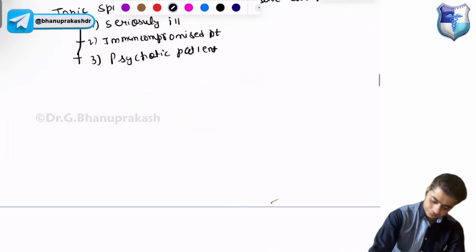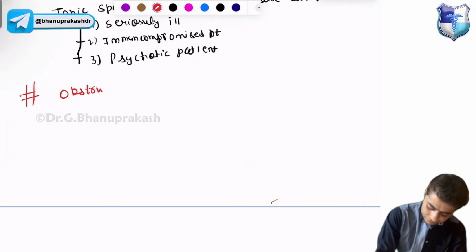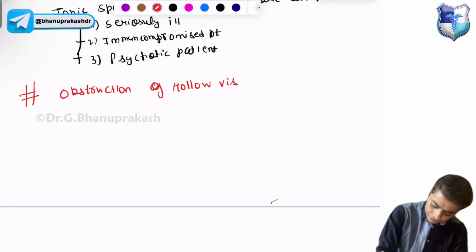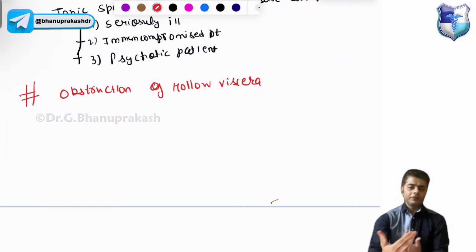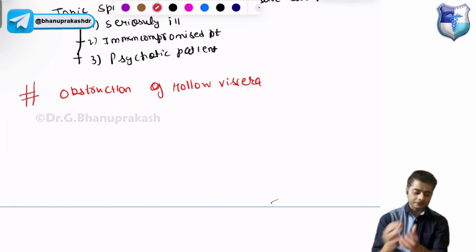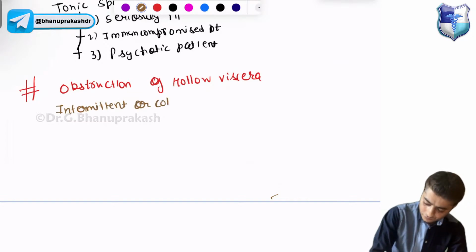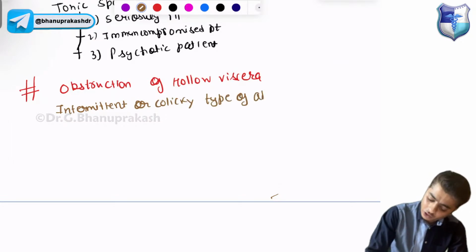Now we will come to the second, that is pain due to obstruction of hollow viscera. I have told you on previous slides that whenever there is obstruction of hollow viscera, colic type of pain is there. So the pain will be intermittent or colicky abdominal pain.